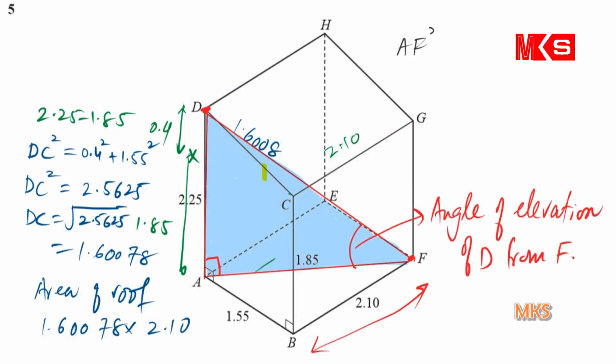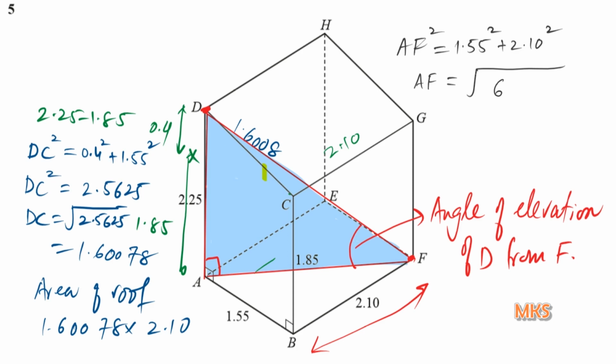AF square would be equal to 1.55 square plus 2.10 square, and AF is equal to the square root of, by using the calculator, 1.55 square plus 2.10 square, that is 6.8125, and square root of this is 2.61007667.